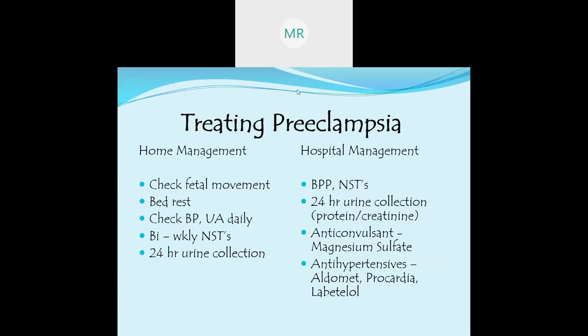Then in the hospital, we're going to do biophysical profiles, BPP, non-stress test, 24-hour urine collection for protein and creatinine. Again, your anticonvulsant: we're going to give the magnesium sulfate. And of course, we're going to check DTRs, respiratory rate and urine output.